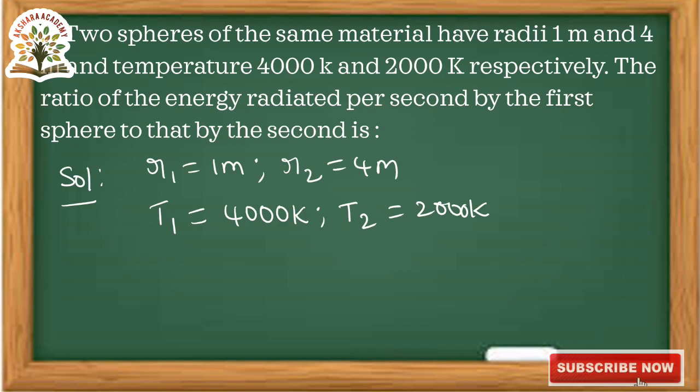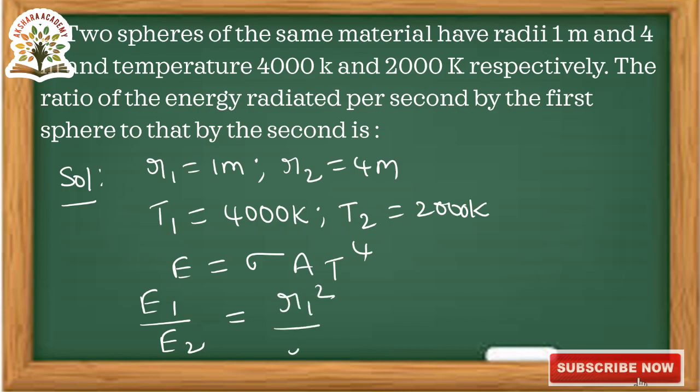From the Stefan-Boltzmann law, E is equal to sigma A T power 4. So from this we are writing the formula E1 by E2 is equal to R1 square by R2 square into T1 whole to the power of 4 by T2 whole to the power of 4.